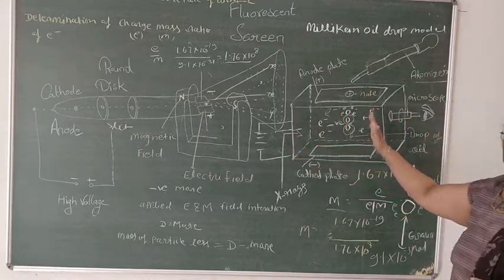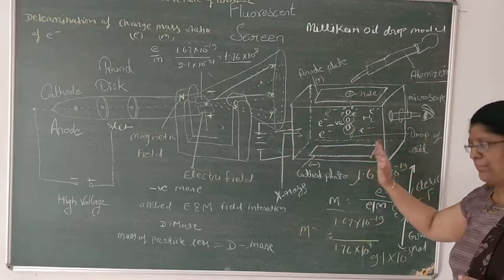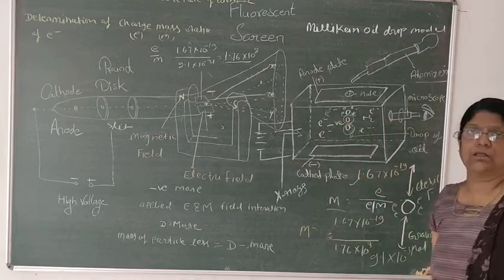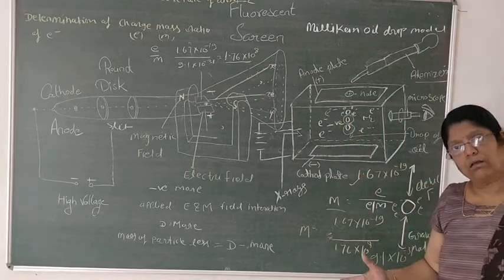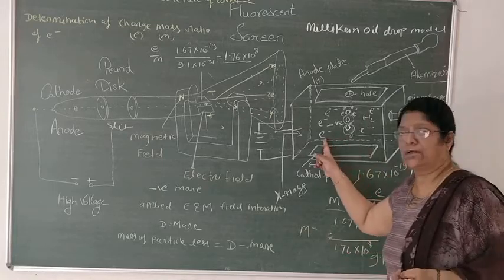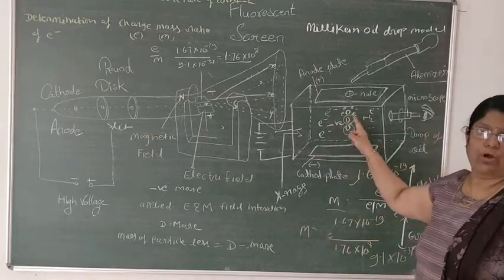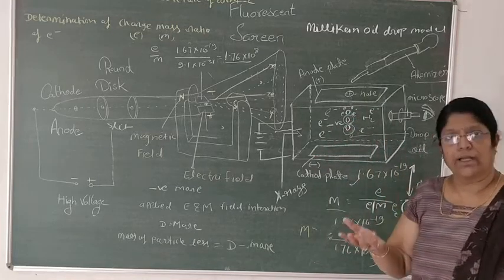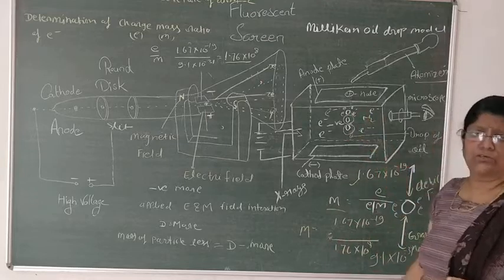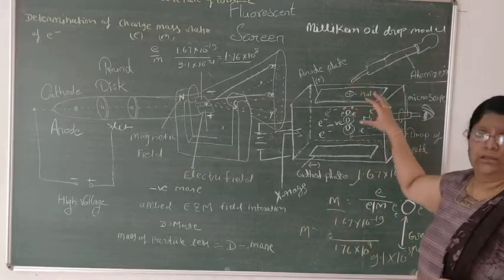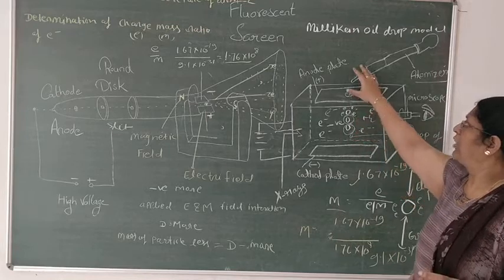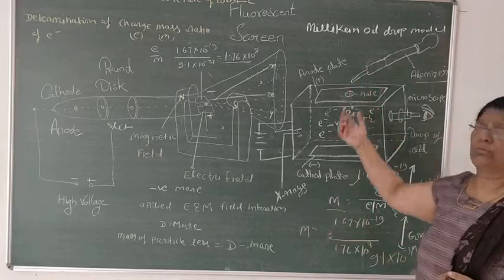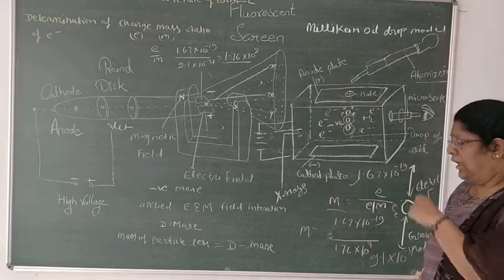As the cathode rays get inside this chamber, they will ionize the gaseous particles. Because of the ionization, they are going to release a number of electrons. Those electrons will surround these droplets, and this oil droplet will become a negatively charged particle. Now we are applying two electrical plates, cathode and anode, to provide an electrical field.